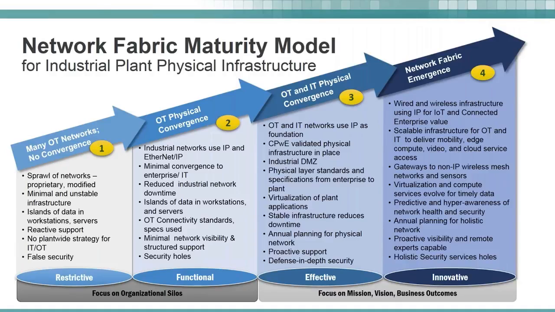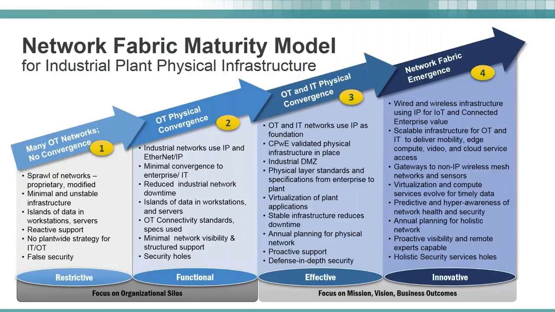And we're actually going to be able to start using our network as a way to actually drive some business value that we never were able to before. We're going to be able to do some predictive and hyper awareness of the network health, and we're going to be able to plug all those security holes as well.